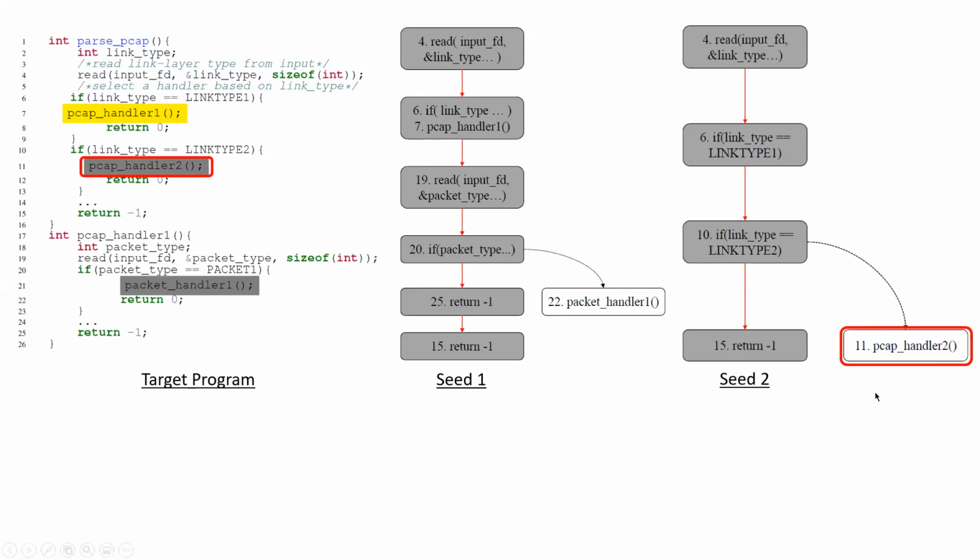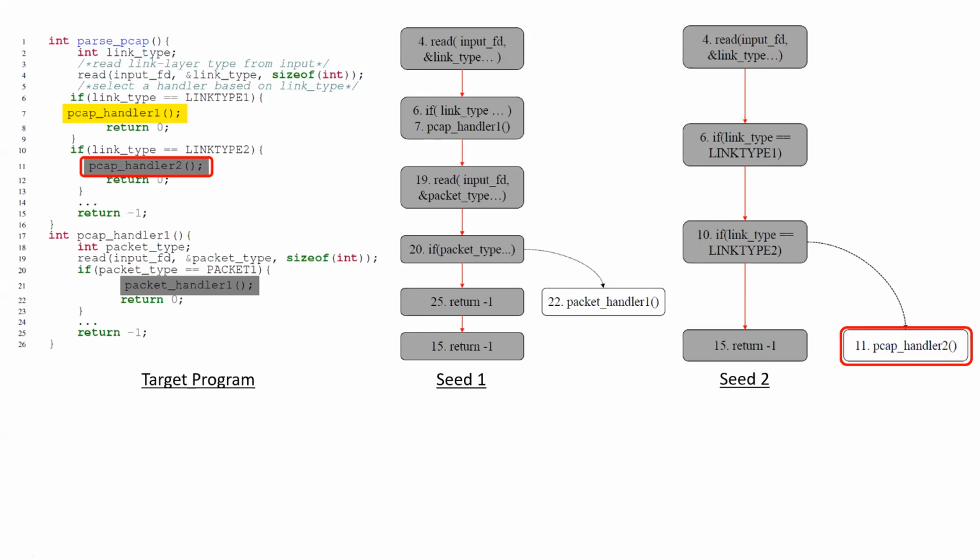Okay, so the thing is, we assume that we know that pcap handler 2 has a lot of bugs. This is based on domain knowledge. So in this case, we just need to measure how close the test is to those manually labeled code branches.